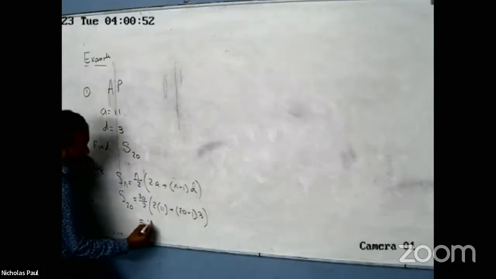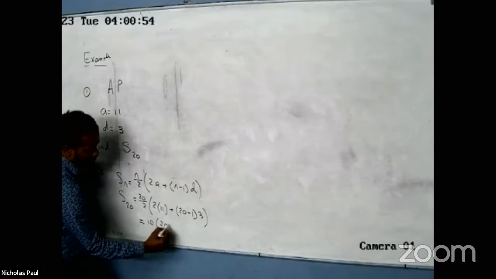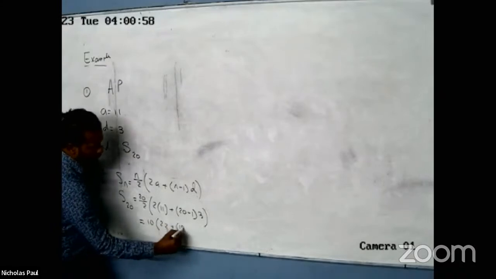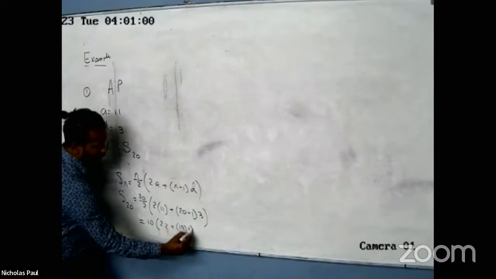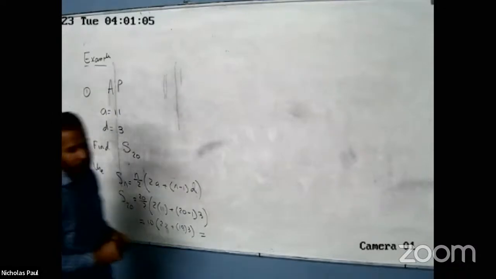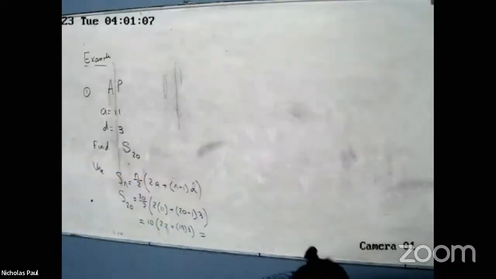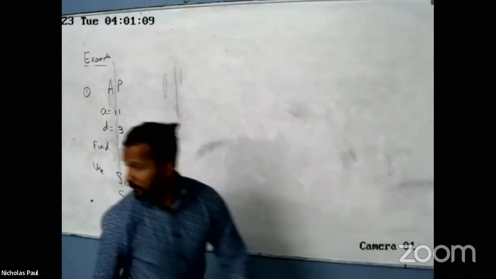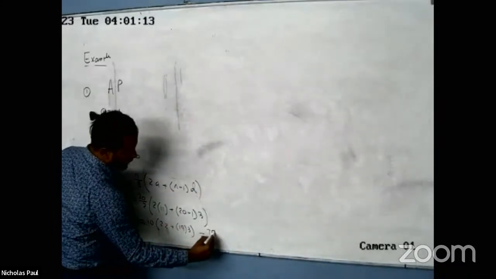So that'll be 10 by 22 plus 19 multiplied by 3. I see 790. Yeah, 790.